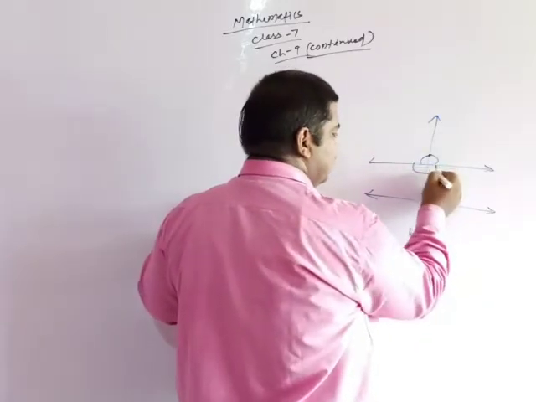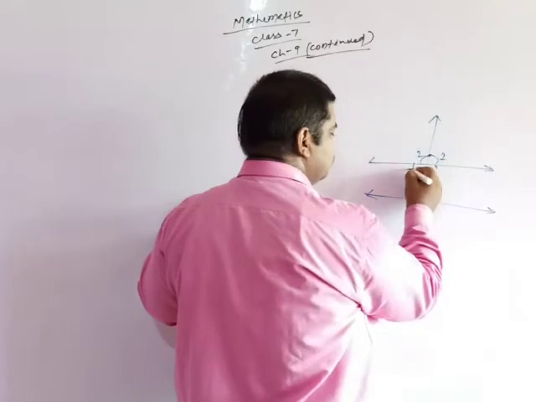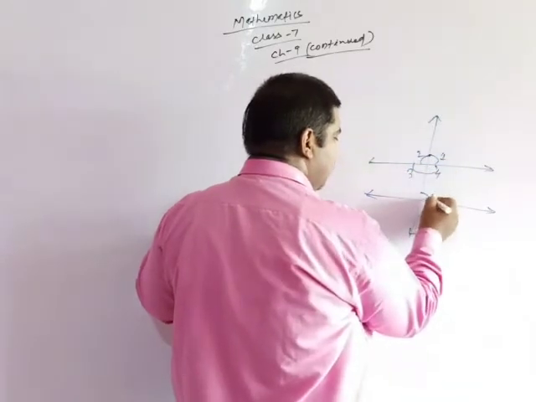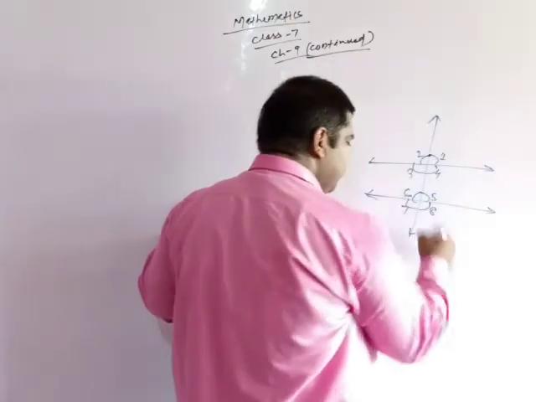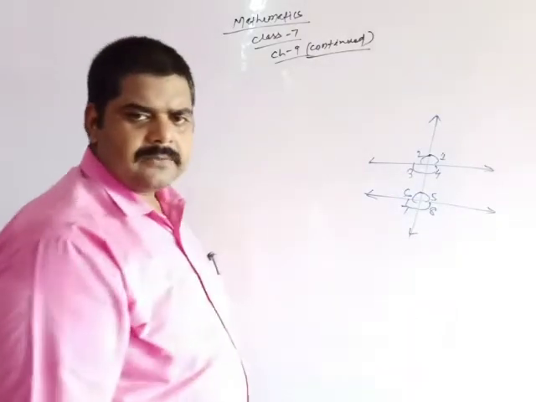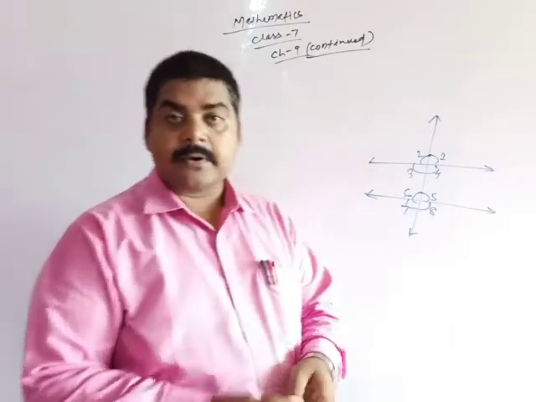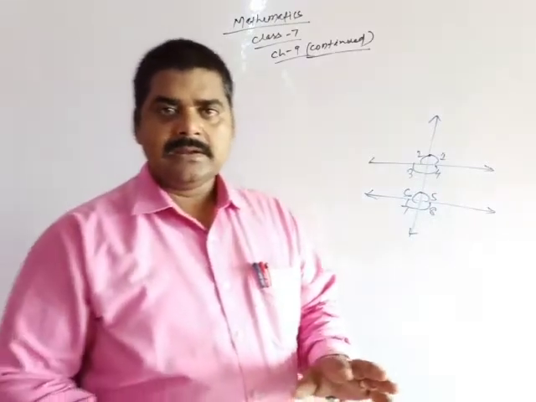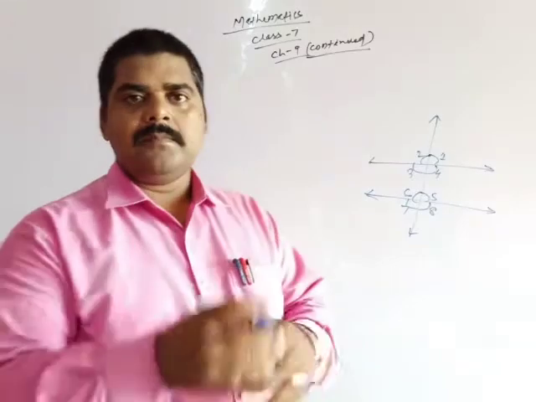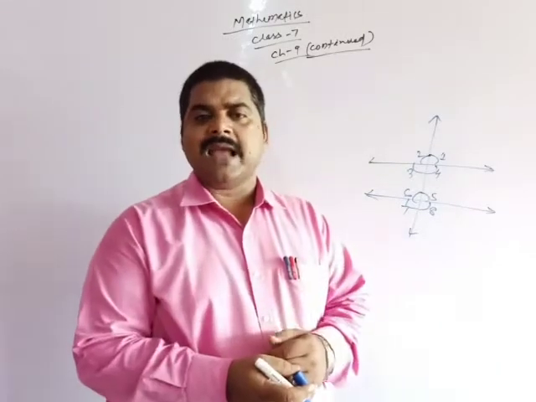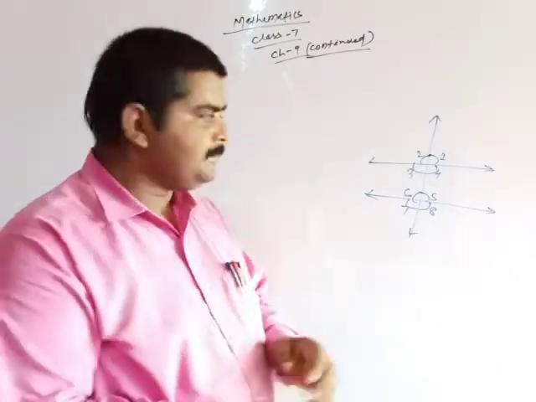Actually 8 angles are formed: 1, 2, 3, 4, 5, 6, 7 and 8. How many angles are formed? 8 angles are formed. And if you discuss the relation of these angles, then on the basis of their relation, corresponding and alternate angles are formed, my dear.